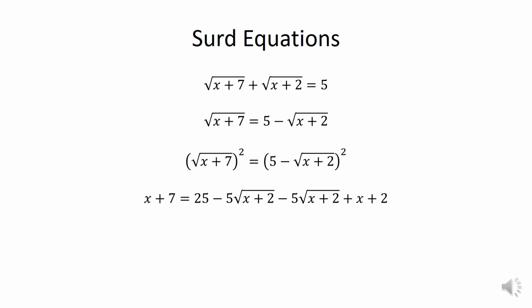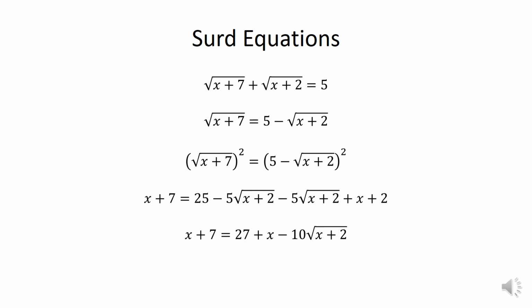The left-hand side is straightforward, we get x plus 7. But the right-hand side, when you square it out, you get these messy middle terms here: minus 5 root x plus 2. And root x plus 2 squared gives us that x plus 2.